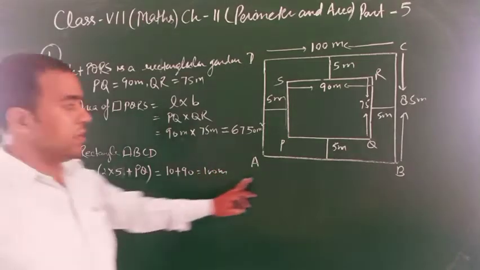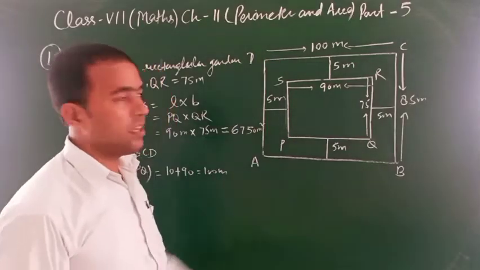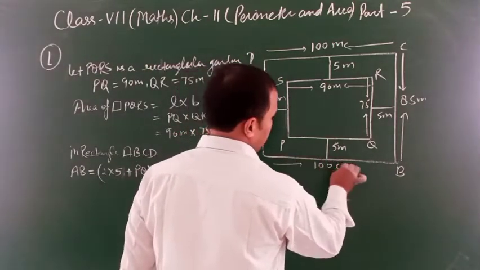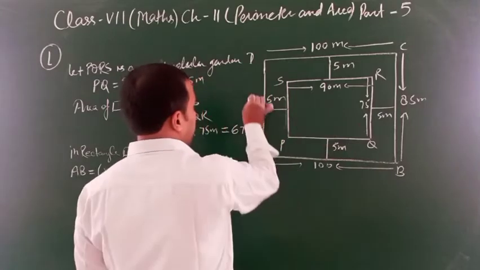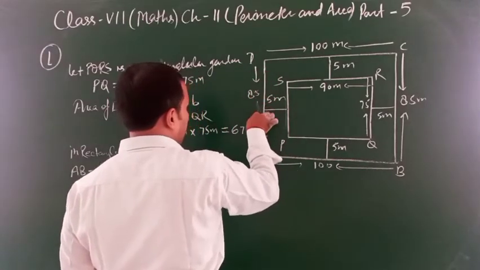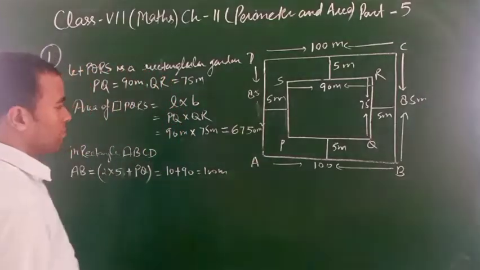It is the length of AB. The opposite sides are equal, means it is also 100. 85, it is also 85. Okay.